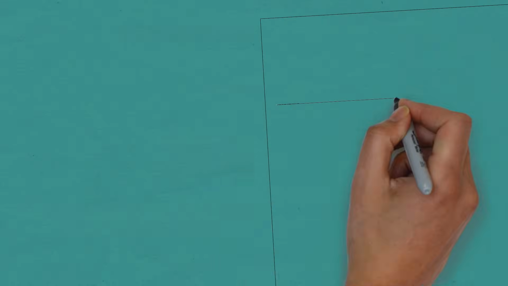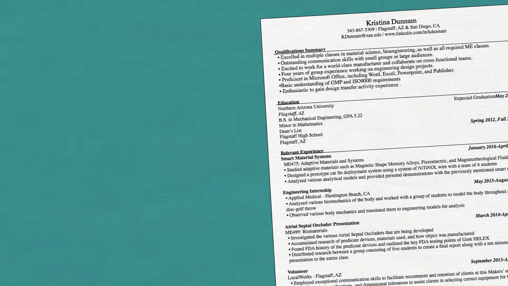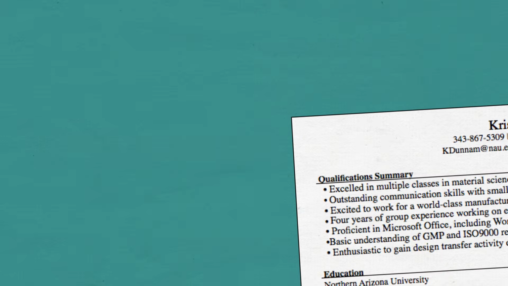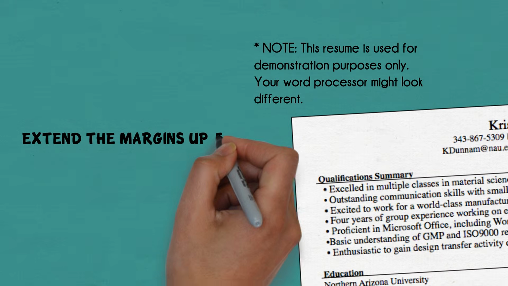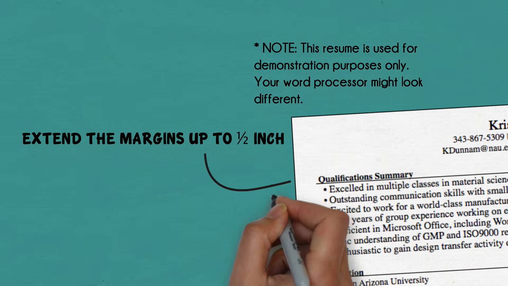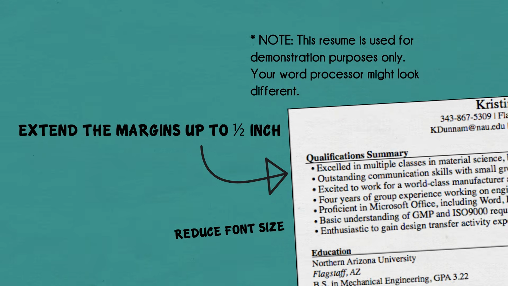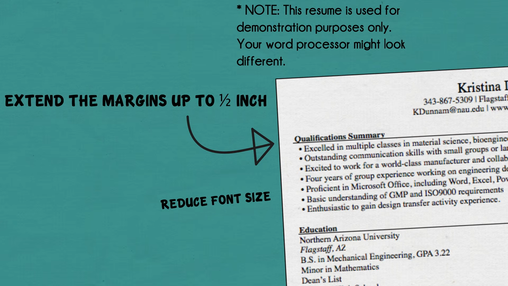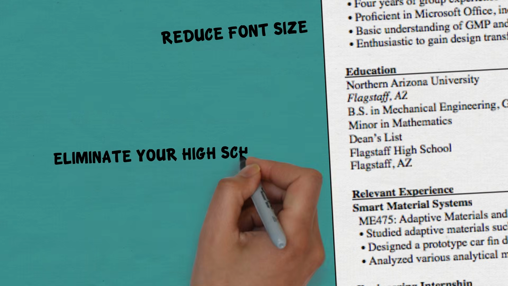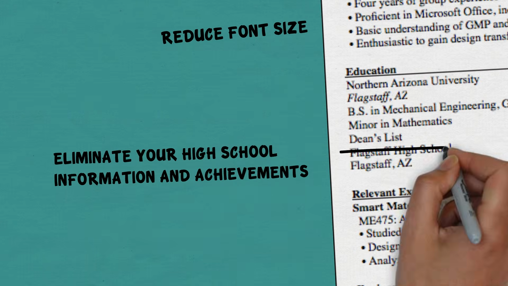Some things you can do to reduce your resume to one page include: extend the margins up to 1/2 inch or 2 to 3 centimeters from the edge of the paper. Reduce the font size. We recommend it be no smaller than font size 11, depending on the type of font you choose. This gets too hard for some people to read. Eliminate your high school information and achievements.